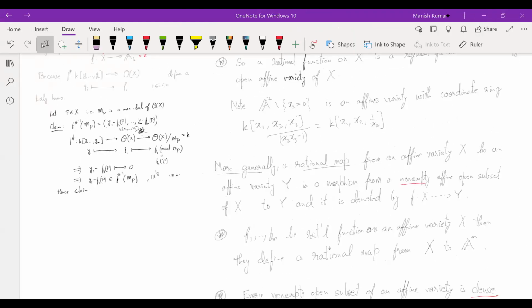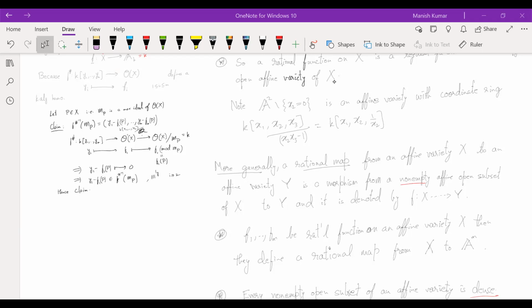Any questions or comments? So the difference between a rational function and a regular function is just that the rational function's domain may not be the whole of X. It is some open dense subset, but it's almost the whole of X. What you're missing is a very small subset.